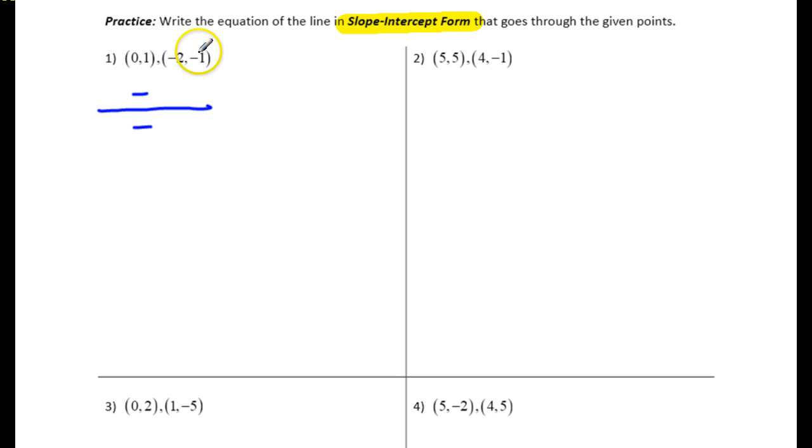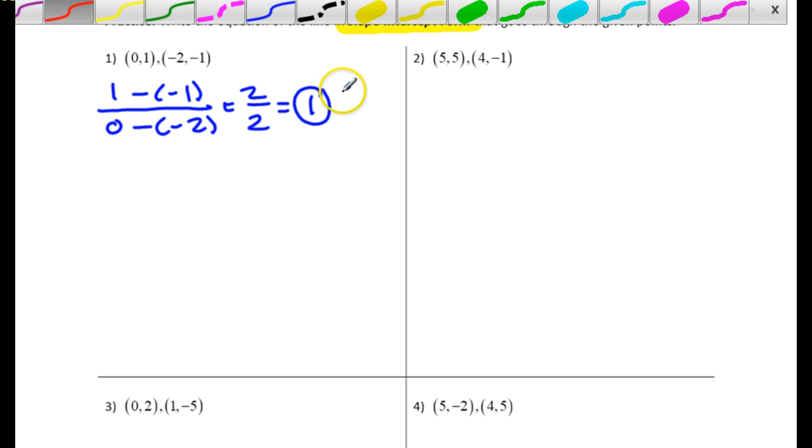So I'm going to do my y minus my y, 1 minus -1, and then my x minus my x, keeping this one first, 0 minus -2. Now if I use my calculator, 1 minus -1 will be 2 over 0 minus -2 is 2, and that final slope is 1.